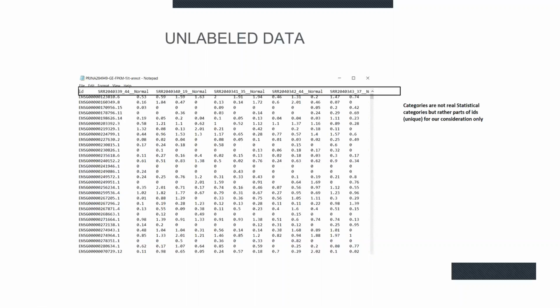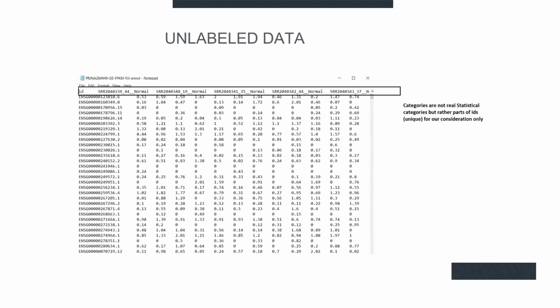So we can observe rows, we can observe columns. All the labels are unique, even though we have, for example, here normal, normal, normal. Aside from that, we also have this SRR accession number, which is unique for each sample. So if we observe the whole name, it's unique.